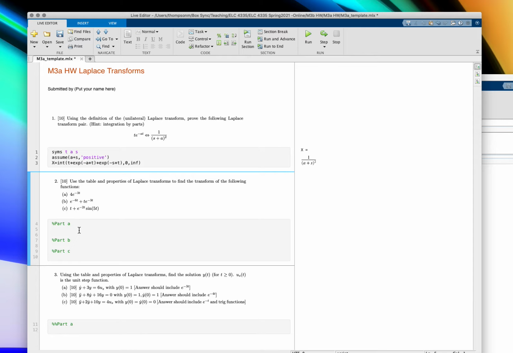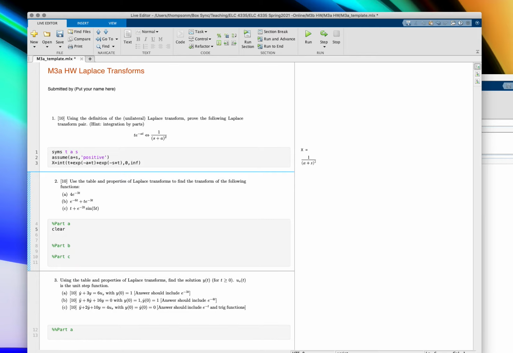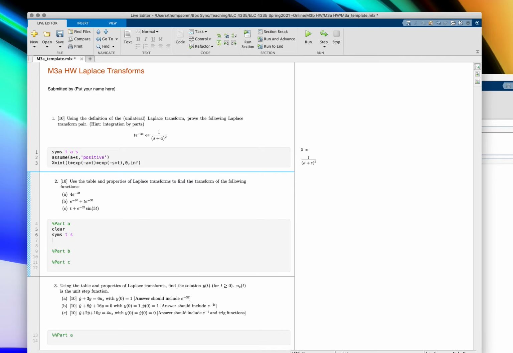Next I want you to go through just the straightforward taking of Laplace transforms. One thing you should do is you don't want one answer to corrupt the next part, so we're going to clear everything and start over every time. If I'm looking at part A, I see a symbolic variable that I'm going to need is t, and I usually throw in s because I know Laplace transforms end up being a function of s.